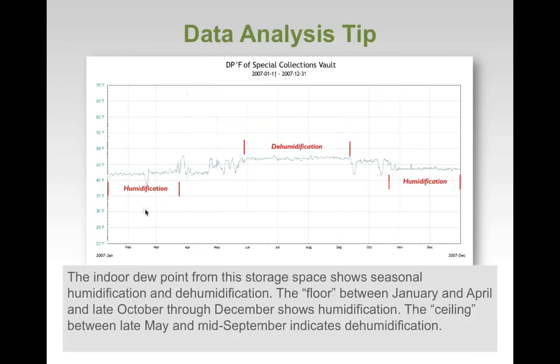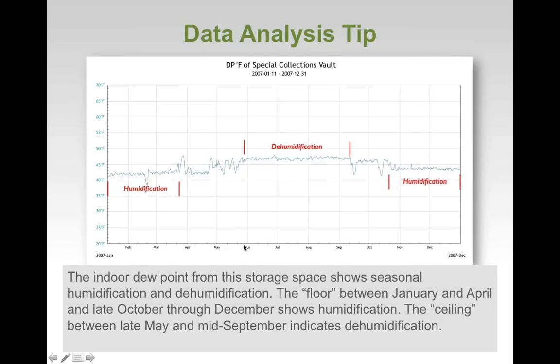Now, this is a little bit tighter dew point. This dew point here shows us there's a little bit tighter control of relative humidity and temperature for this space. If you look, there's a very steady humidification control, and you have again your shoulder season in here, and then your dehumidification is not very far off from your humidification.